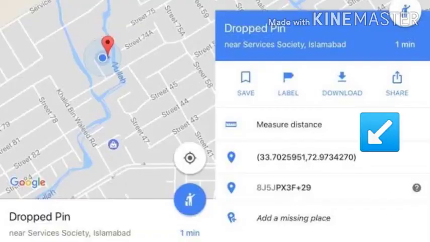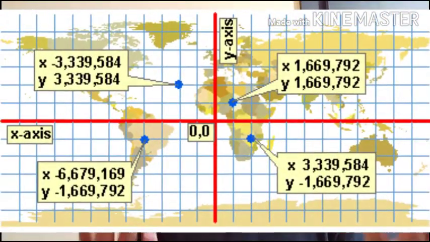It shows the latitude of your place and the longitude of your place. Those are exactly the coordinates we use to find the exact point as well as destinations. Like this we use longitudes and latitudes, and you can see them on the globe right now. Those are the coordinates we use.